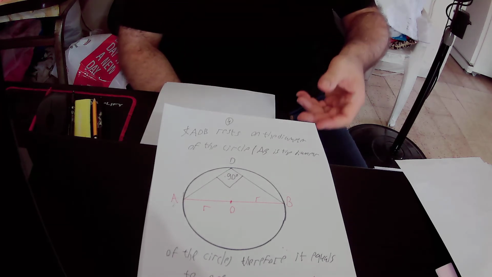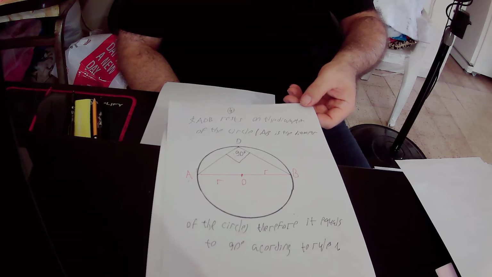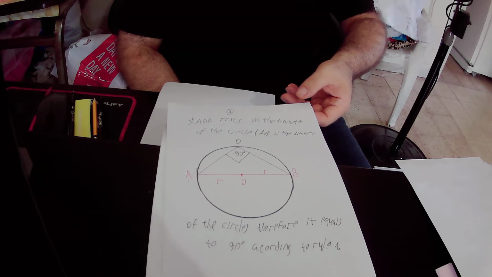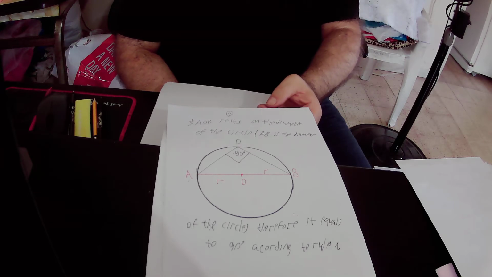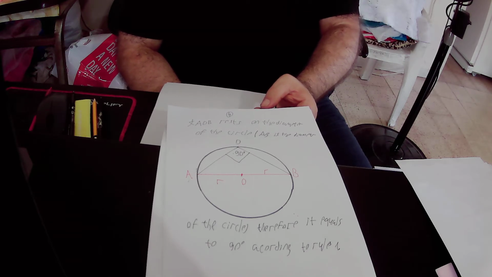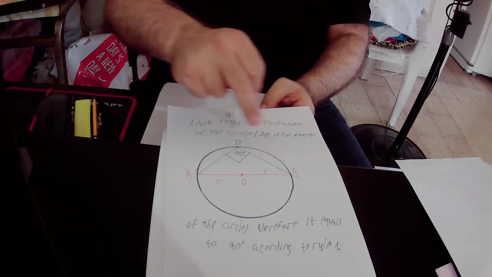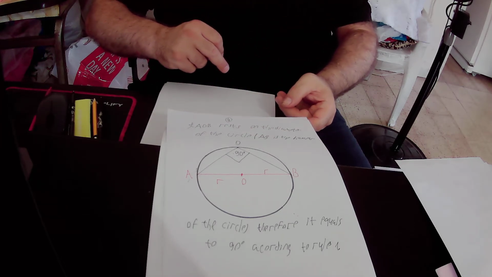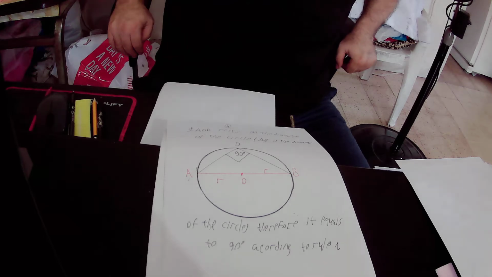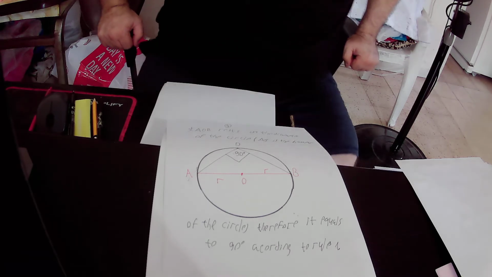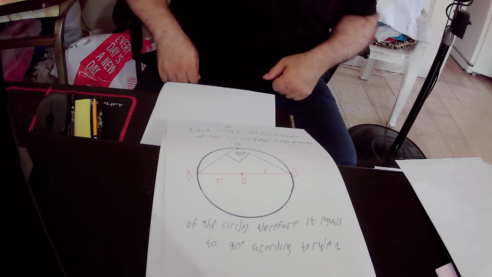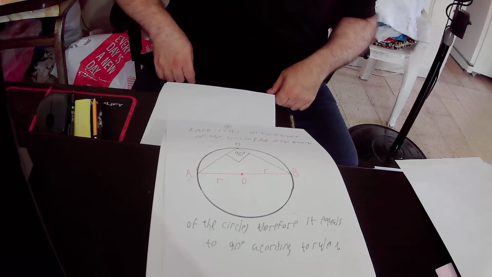Therefore, according to rule number 1, it equals 90 degrees, because any peripheral angle that rests on the diameter of the circle equals 90 degrees. Therefore, angle ADB equals 90 degrees. That is the example of rule number 1.